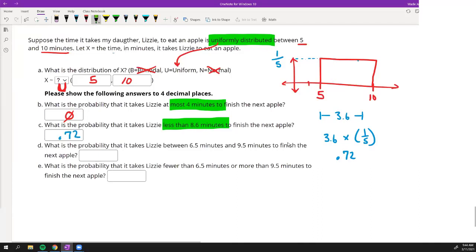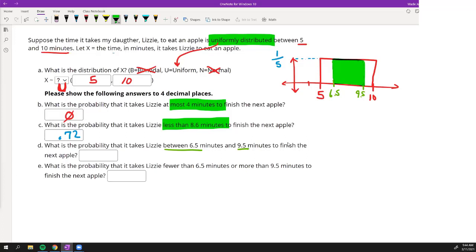What is the probability that it takes Lizzie between 6.5 and 9.5? That means we're going to have a 6.5 right here. We'll have a 9.5 right about here. We'll get rid of this stuff. So we've got a lower bound of 6.5, an upper bound of 9.5, and we would like to find the area of this rectangle.